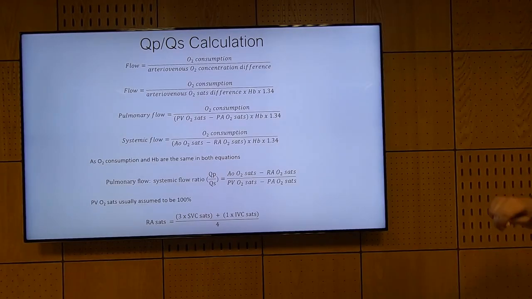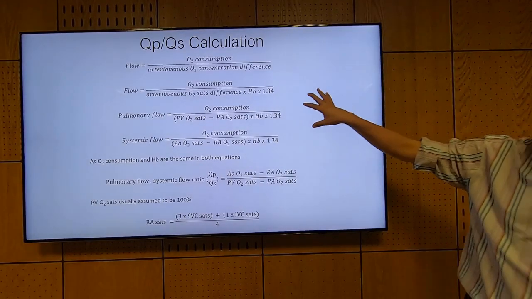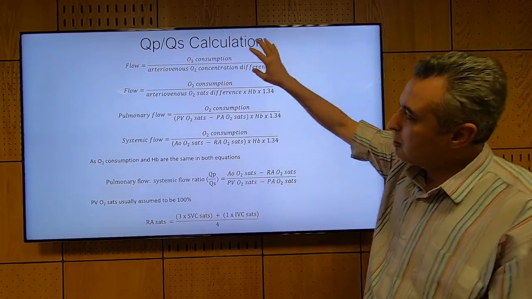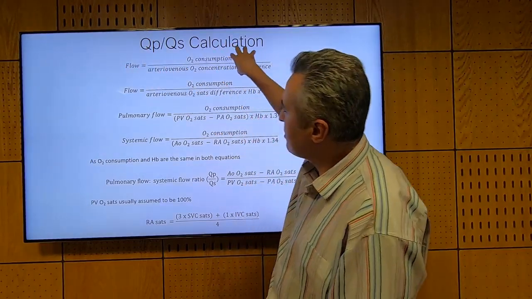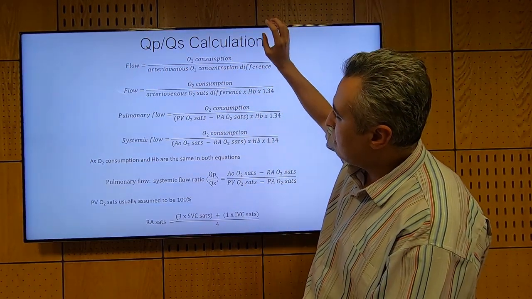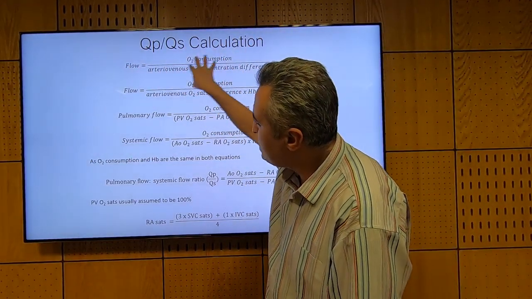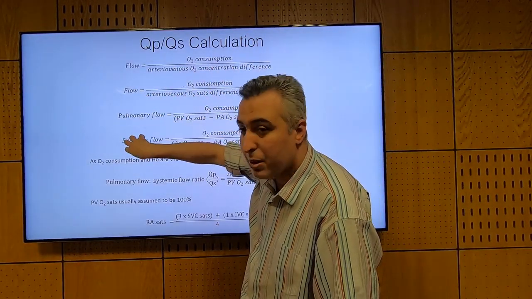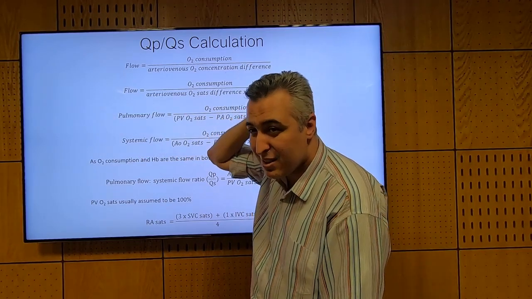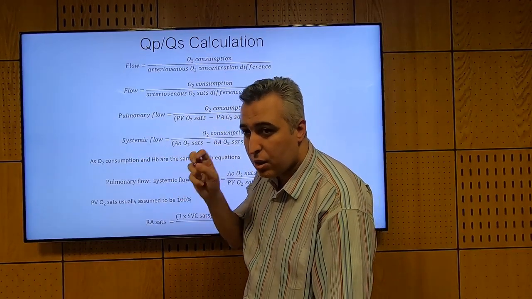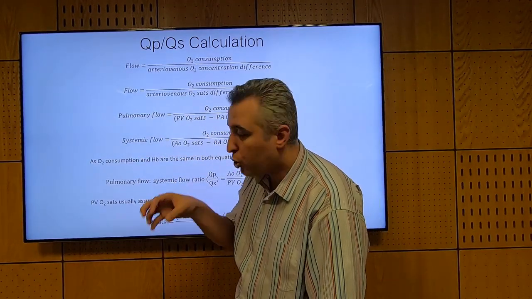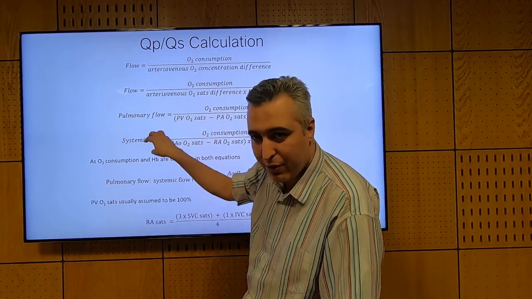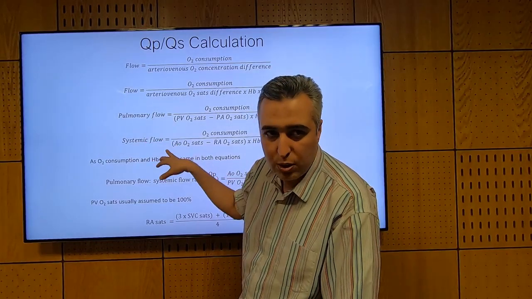I won't bother you with the complex equations, but you just need to know that from these equations you get pulmonary blood flow and systemic blood flow. We're not interested in the actual cardiac output. We do not want to know the absolute figure of the systemic flow. We just want to know the ratio in between.